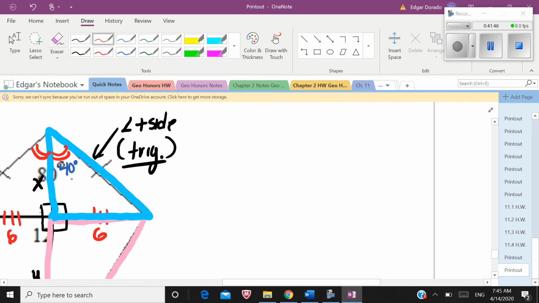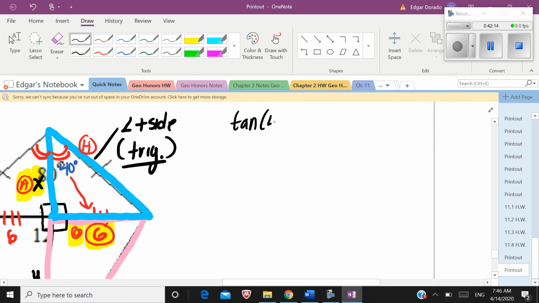What uses opposite, that's the opposite right there, and adjacent, because I don't have a hypotenuse. I don't know what this hypotenuse is over here. So I'm going to concentrate on using opposite and adjacent. What uses opposite and adjacent? Well, that would be tangent.